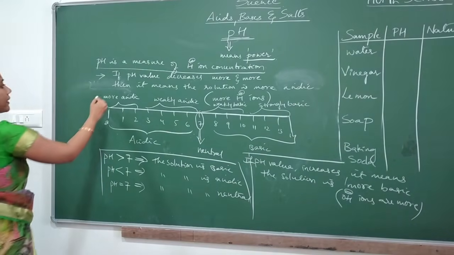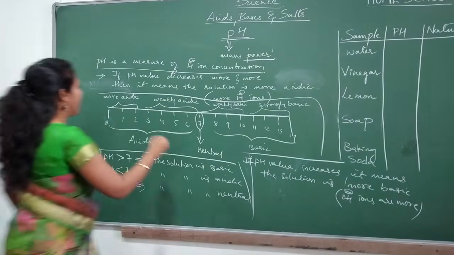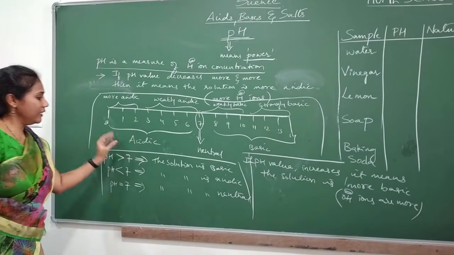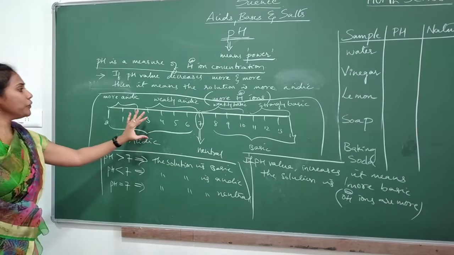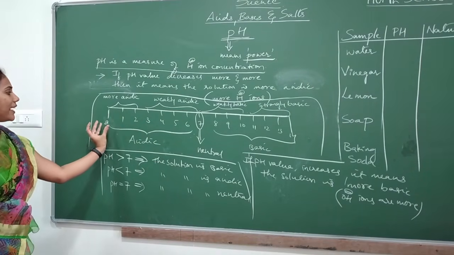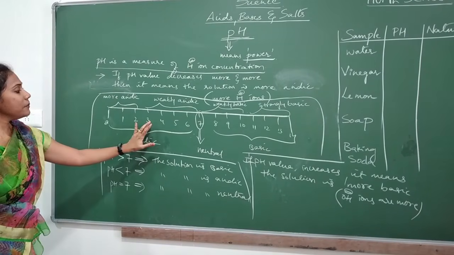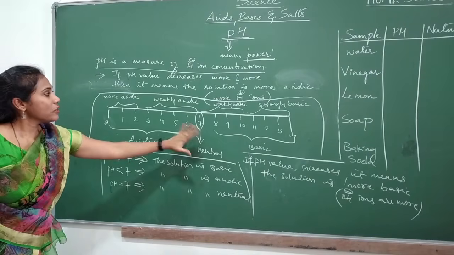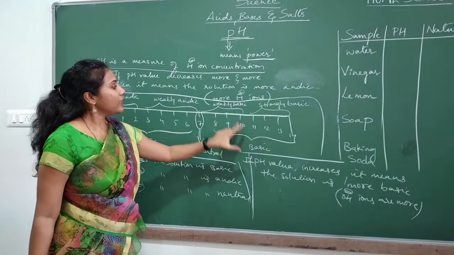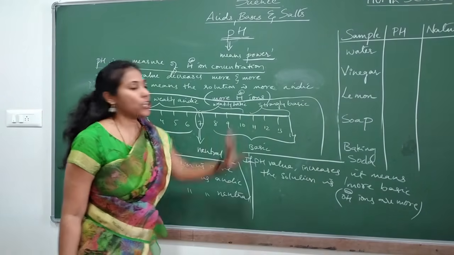So this is what you should understand from the pH scale. Below 7 it is always acid. If you want to know weak acid or strong acid: if the value is between 0 to 2, more acidic. If the value is between 3 to 6 or 7, weakly acidic. If the value is between 7 to 10, weakly basic. If the value is between 11 to 14, strongly basic.